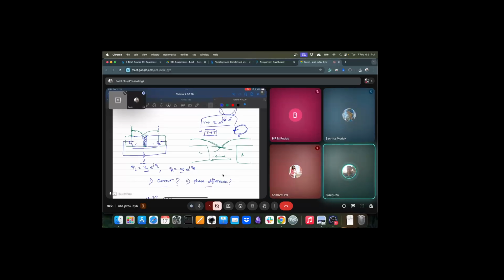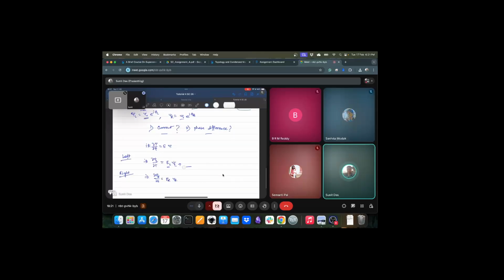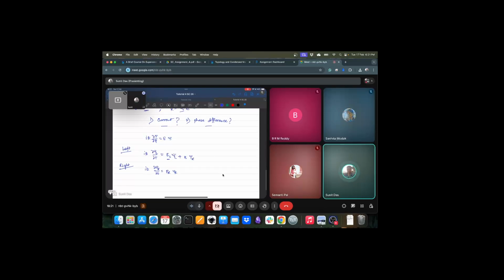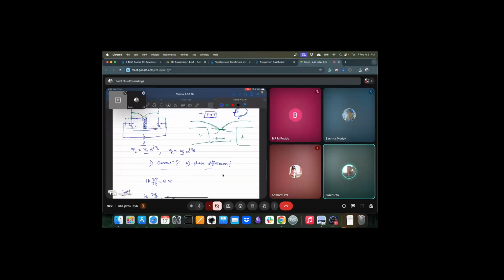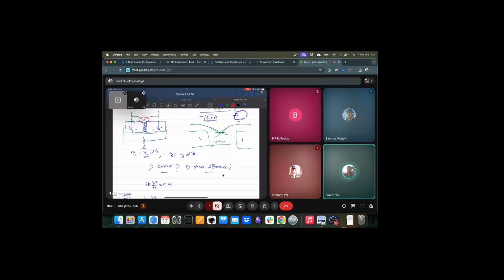Now the important point is that these two regions are coupled. They are essentially weakly coupled, but they are coupled. So assume that the coupling constant is K or kappa. This is the coupling that appears in the left equation, and note that it multiplies the wave function for the right region, because these wave functions overlap with each other.